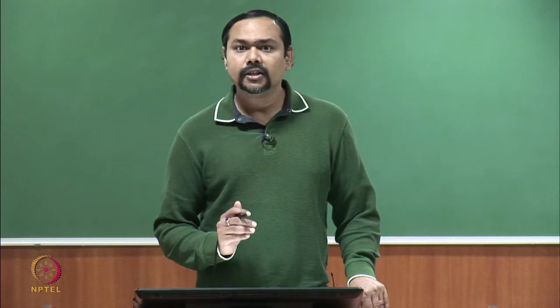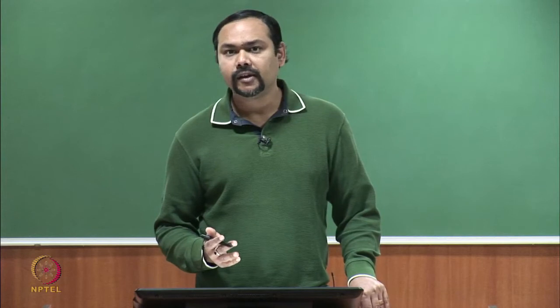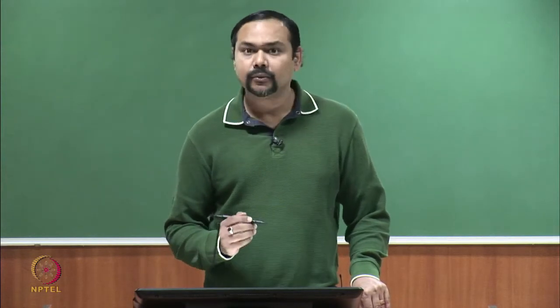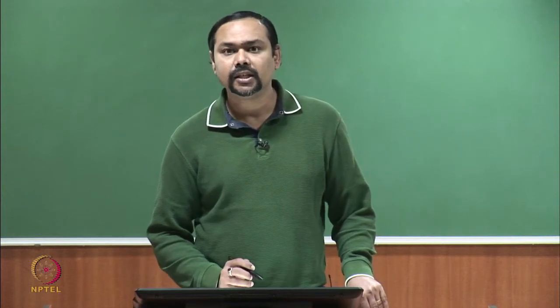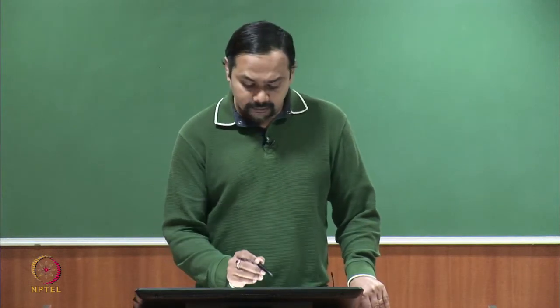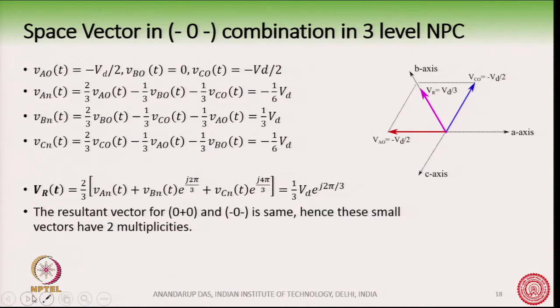In a similar way, you can draw space vectors for all the other 27 combinations, one by one, inserting the values of VAOT, VBOT and VCOT, and in the same fashion you can go on deriving the resultant space vectors. Okay. So, for example, there is also one more example we have given here.